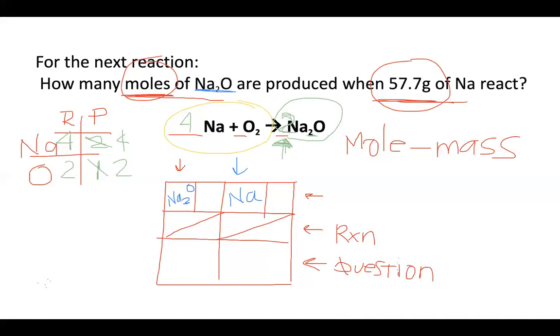Remember that the molar mass is the sum of all the atomic masses of the elements forming a compound. So if I have Na2O, I know that the atomic mass of sodium is 23, oxygen is 16. So the molar mass of sodium oxide will be 23 times 2 plus 16, which is 62.